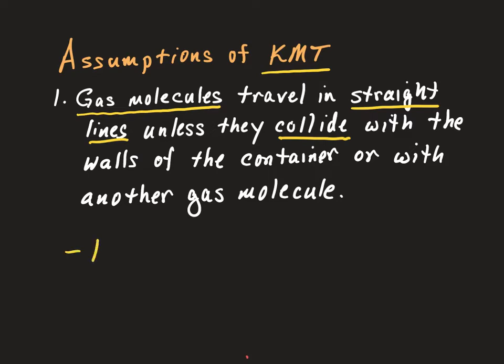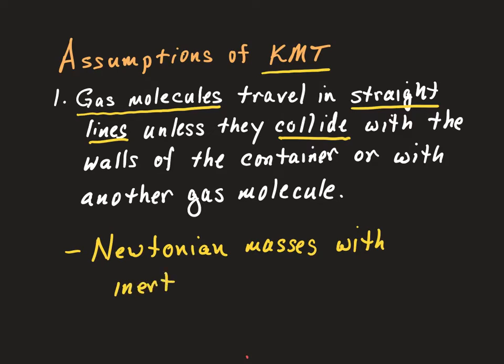That is, they act as Newtonian masses, with inertia, they travel in a straight line unless something acts on them, and momentum. So they act as masses traveling in a straight line unless something acts on them.